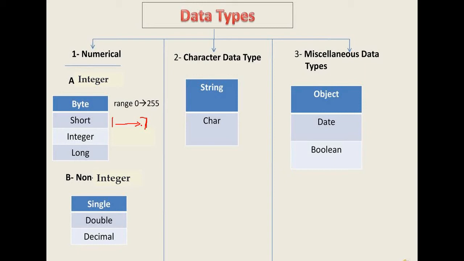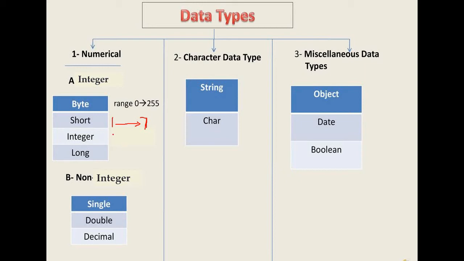If the user enters 8 digits or more, it will be invalid. So the maximum digits that should be entered inside this object by the user is 7 digits. Okay, what about the integer?